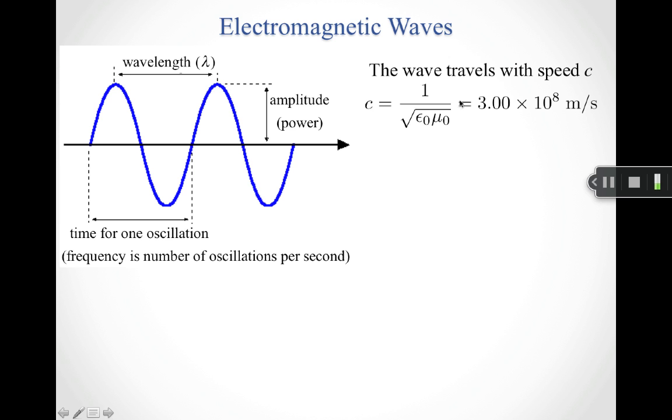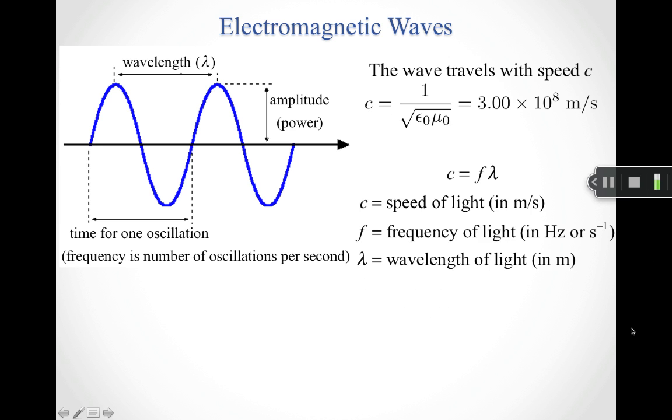And so the speed at which an electromagnetic wave travels, which we designate with this letter c, is equal to 1 over the square root of epsilon naught times mu naught. So again, epsilon naught is our fundamental constant dealing with electrical stuff. Mu naught is our fundamental constant dealing with magnetic stuff. And again, coupling this together has given us the speed of the wave.